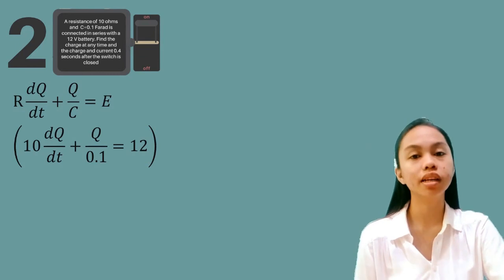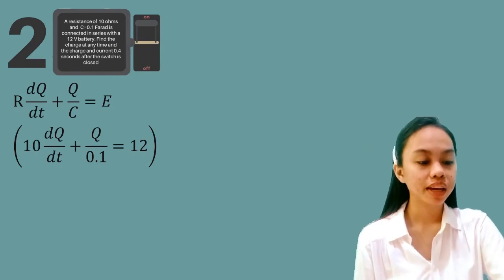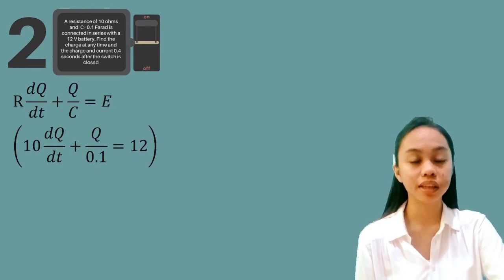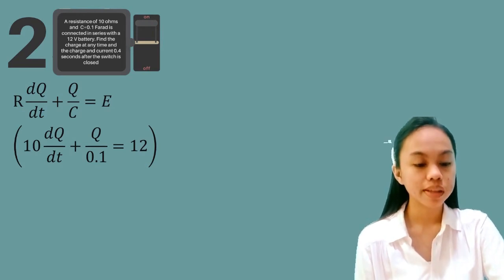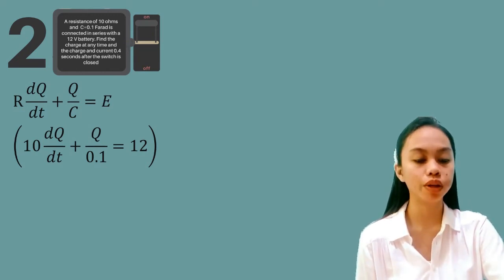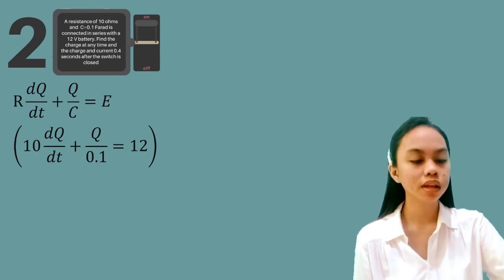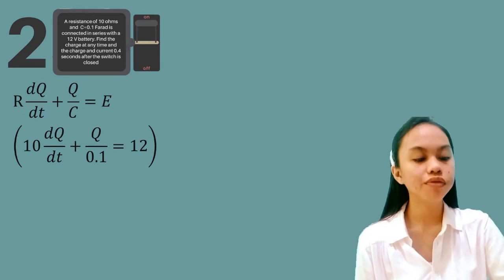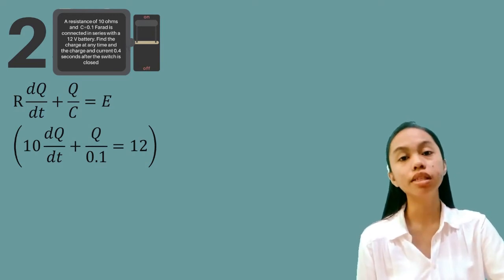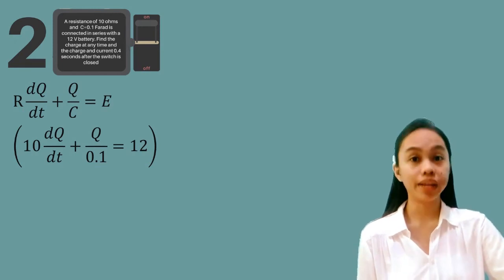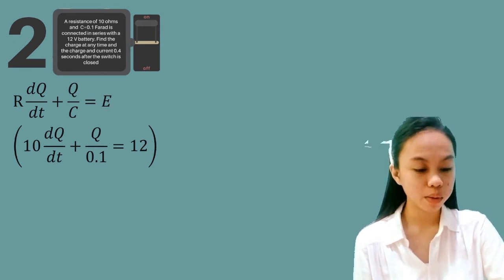We just copy q since it is the one we are finding, so it is not yet given. Over 0.1, since C equals 0.1, equals 12, since the 12 volts battery is E.